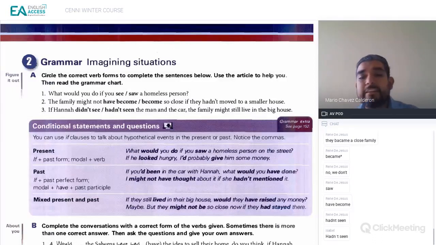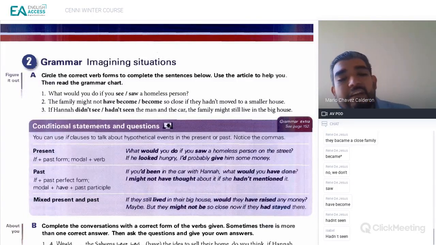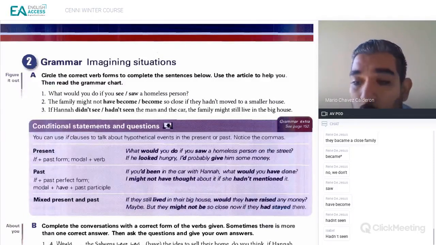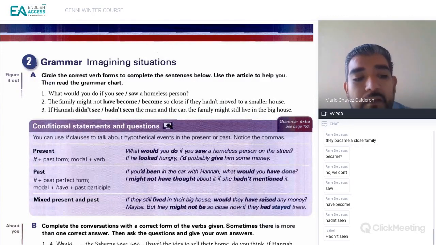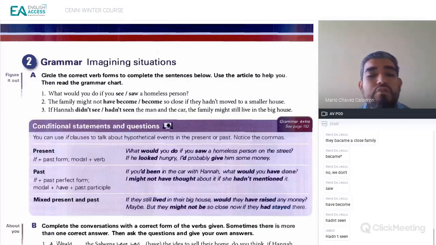Okay, conditional statements and questions. You can use if clauses to talk about hypothetical events in the present or past. Notice the commas. Present: if, past form, modal, verb. What would you do if you saw a homeless person on the street?